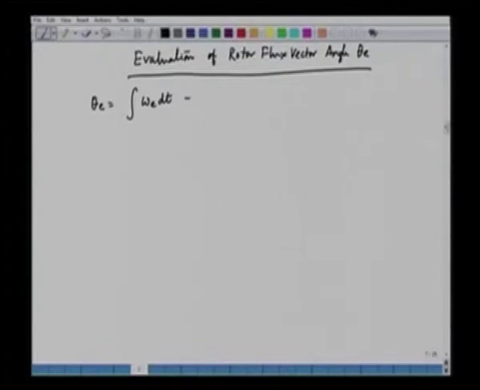Omega E can be evaluated as omega R plus omega SL. So if we add the rotor speed and the slip speed, we get the synchronous speed, that is omega E. Now, slip speed can be calculated. We have already seen that slip speed is given by 1 by tau R into IQS by IDS.